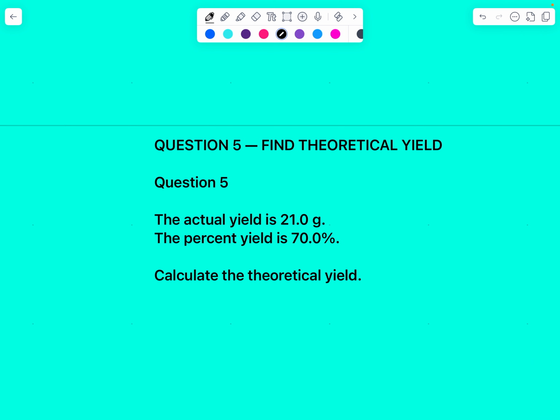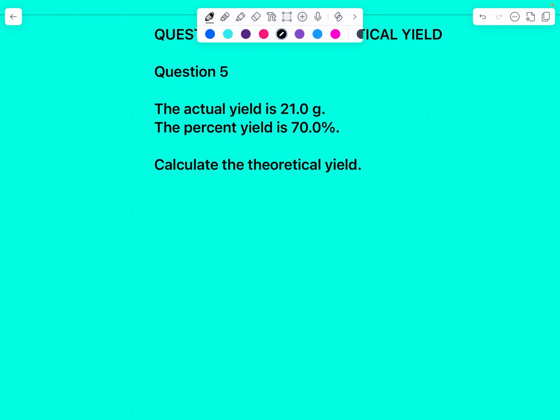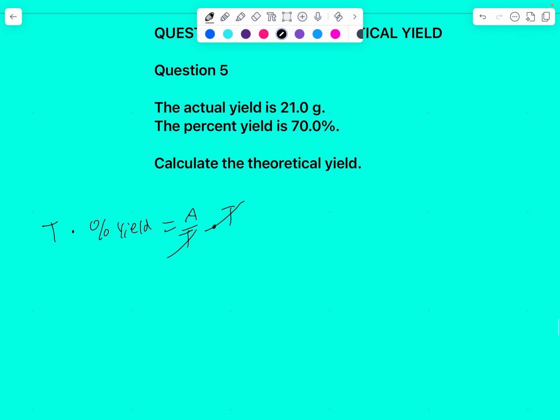Now they're tricking us again. Now they want us to find the theoretical yield. The actual yield is 21.0 grams. The percent yield is 70.0%. Calculate the theoretical yield. So we know that percent yield equals A over T. Okay? I'm going to multiply both sides by T because I can't have something in the denominator. The T's will cancel out.